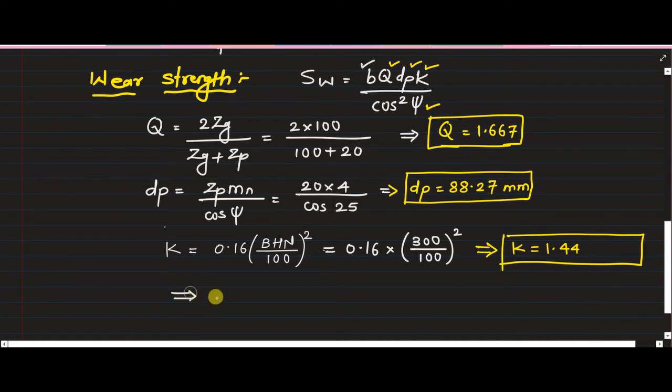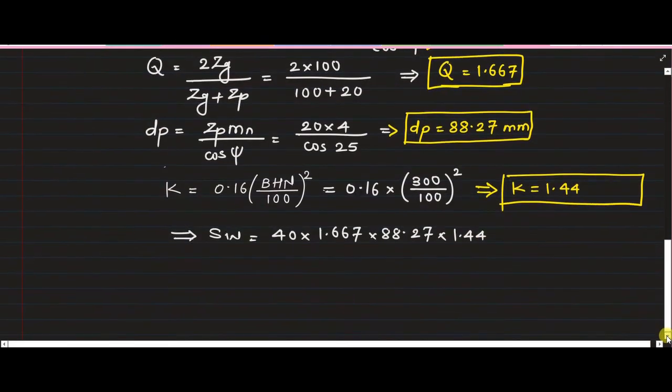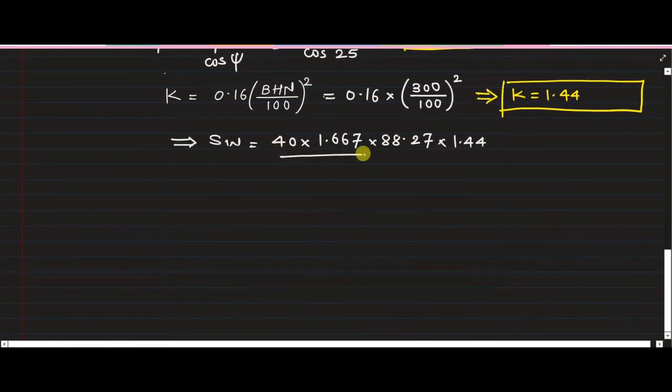So SW is equal to the face width, which is 40 mm, times the factor Q that we just calculated, 1.667, times dP, 88.27, multiplied by the value of K, 1.44, divided by cos of psi, so that is cos of 25.